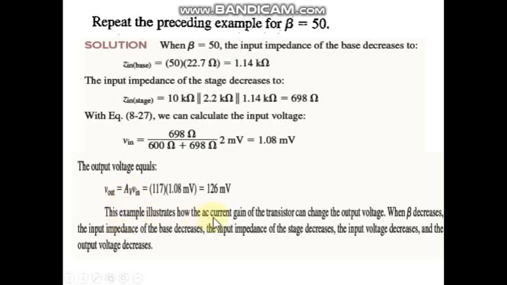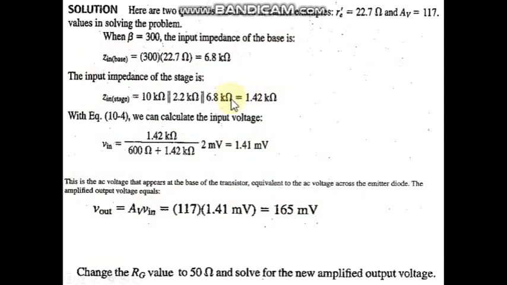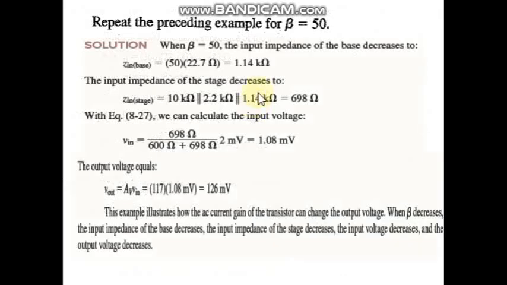The example illustrates how the AC current gain of the transistor can change the output voltage gain. When beta decreases, the input impedance of the base decreases because it is beta Re dash. The input impedance of the stage decreases. That is 698 ohm, and earlier it was 1.42 kilo ohm. The input voltage decreases. V input, how will it decrease?